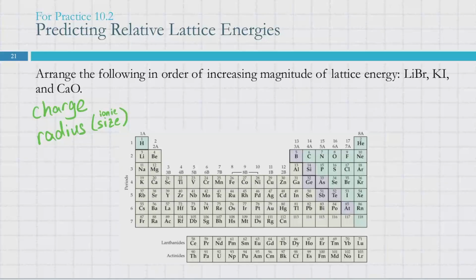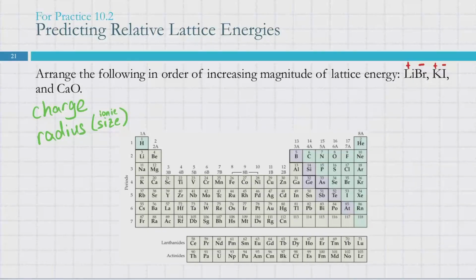So we should think about what's the charge of everything that's in our chemical compounds. For lithium bromide, what are the charges? Positive and negative. How about for KI?